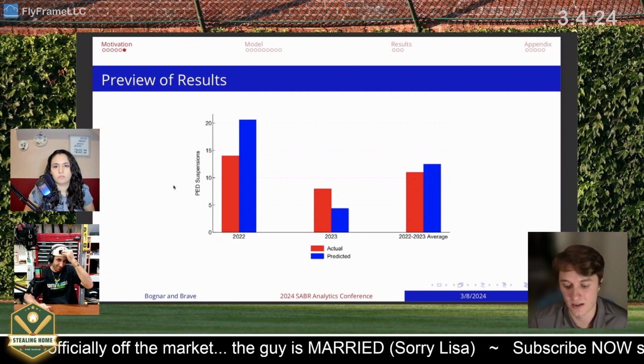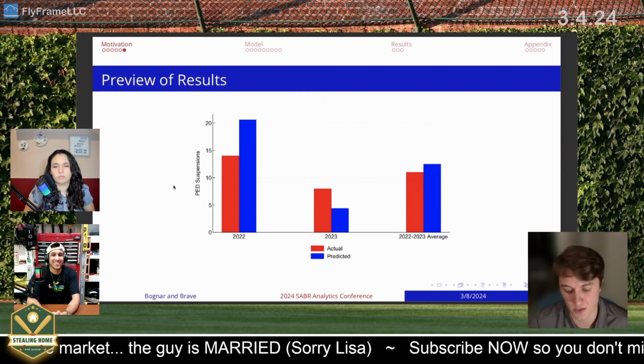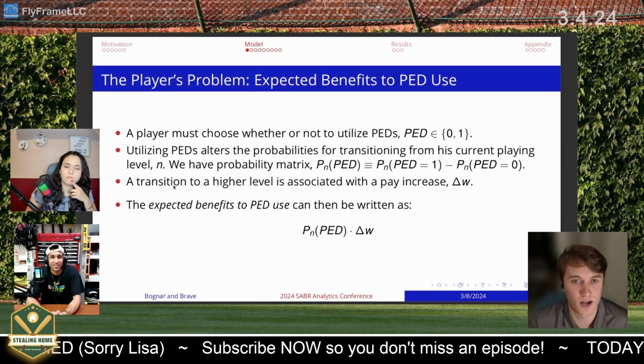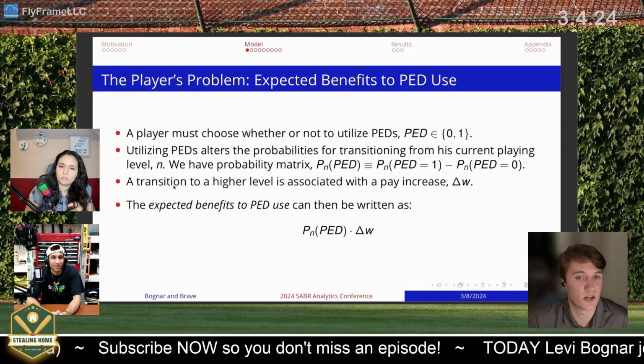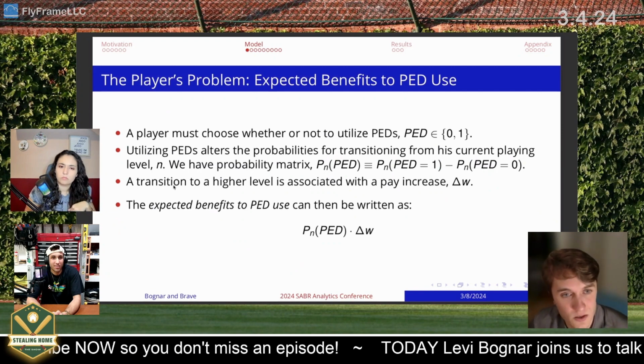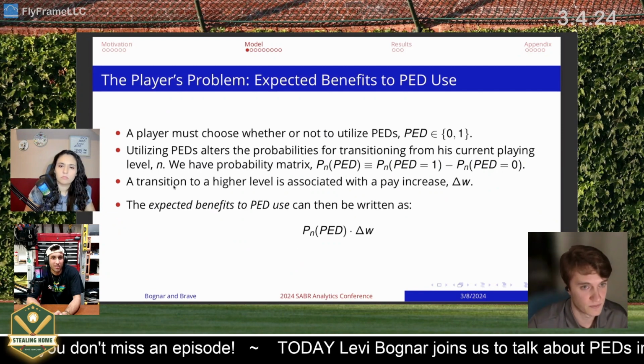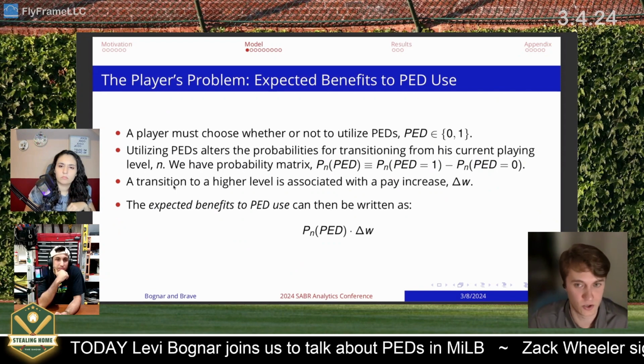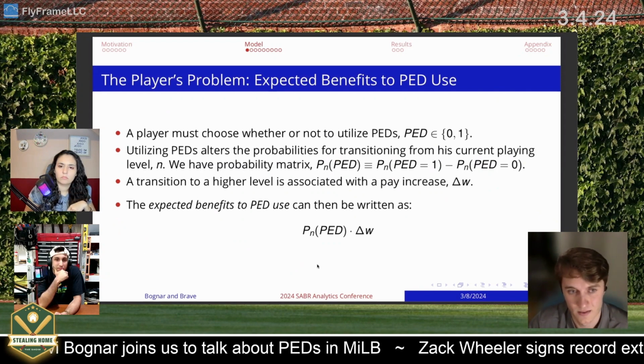So let's first look at formalizing what that means from the player's perspective. First, we're going to formalize the expected returns, or expected benefits, to PED use from the player's perspective. In our model, we start with the fact that players are going to choose to use PEDs or not.